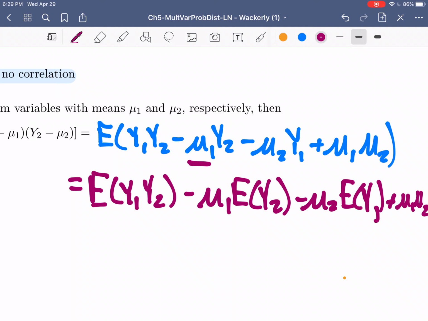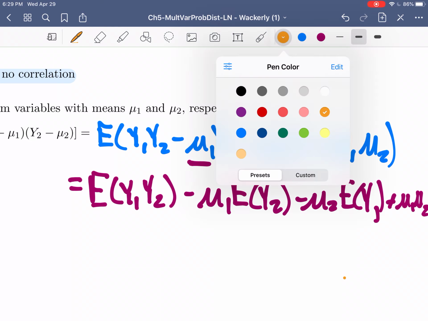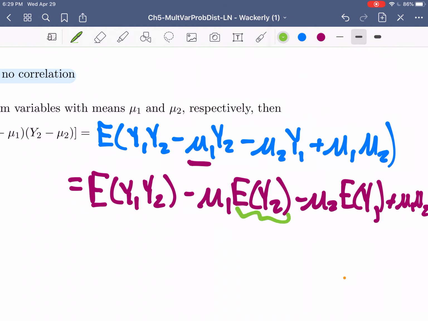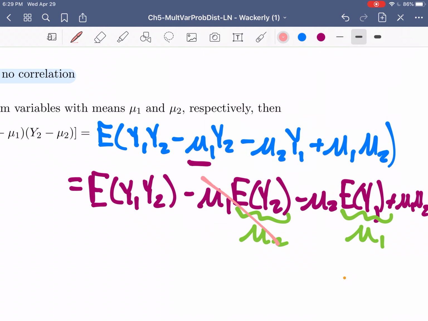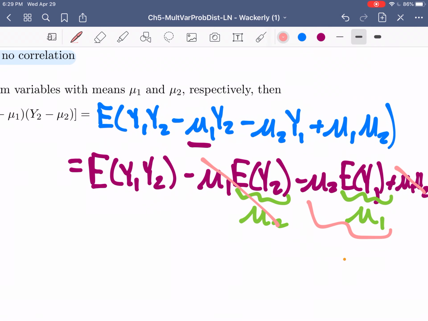And we know that the expected value of y2 is mu2, and the expected value of y1 is mu1. And so here, this mu1 mu2 will cancel with that mu1 mu2, and we're left with just this.